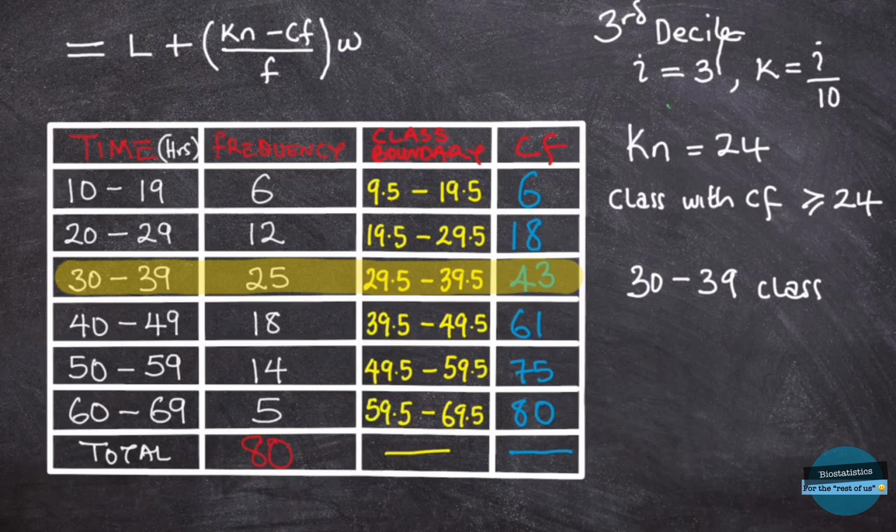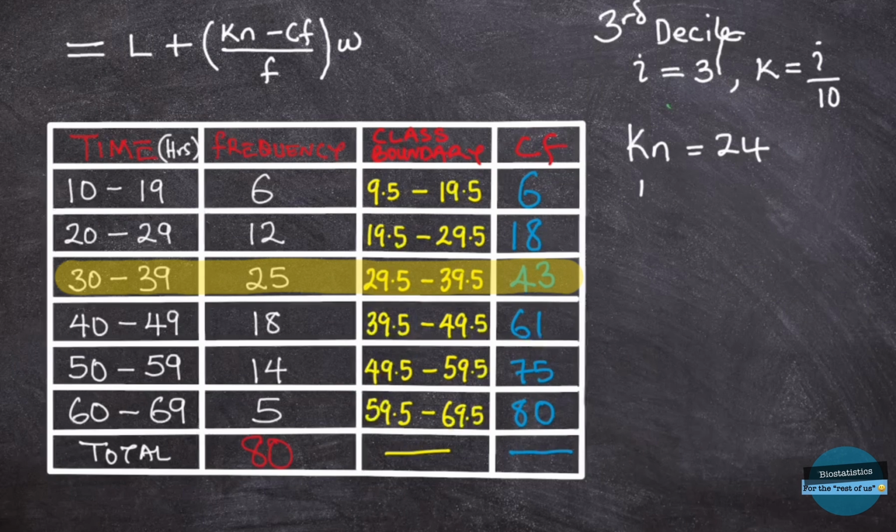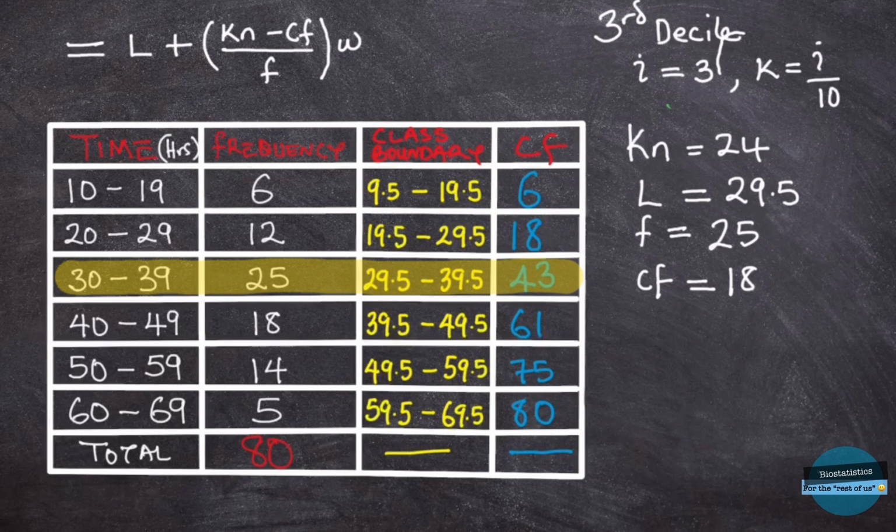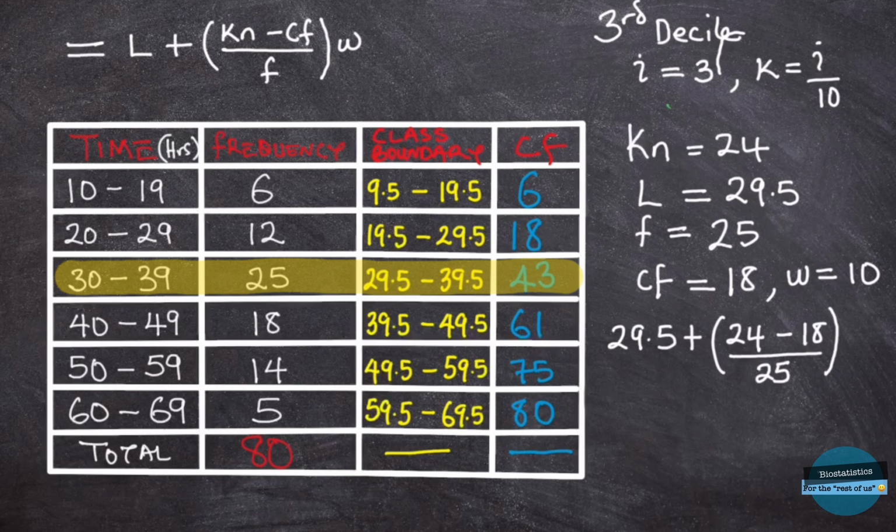All right. Our lower class boundary of the decile class is 29.5. Our frequency of the decile class is 25. And the cumulative frequency of the class preceding the decile class is 18. And our class width is 10 as usual, right? And now putting all of this into the formula, we will have 29.5 plus 24 minus 18 divided by the frequency, that's 25, and multiplied by the width, that's 10.